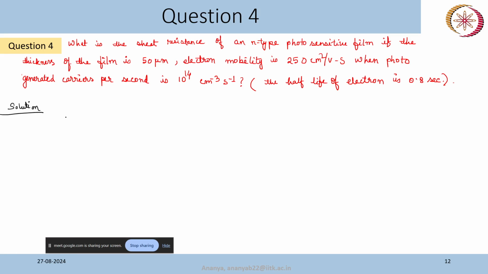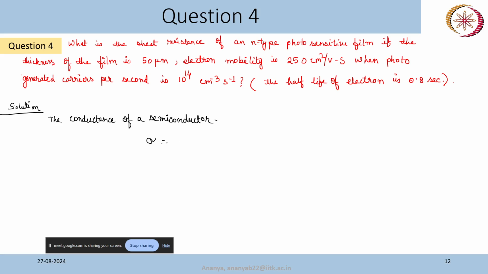Let me solve this. Okay. So the expression that we are going to use, the conductance of a semiconductor, so this is basically the change in conductance due to photogeneration, you can say.